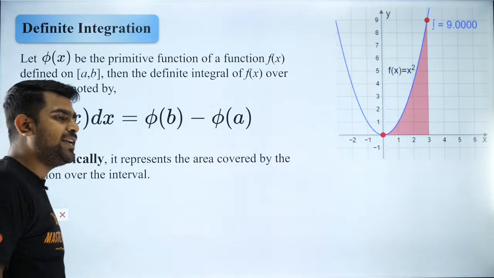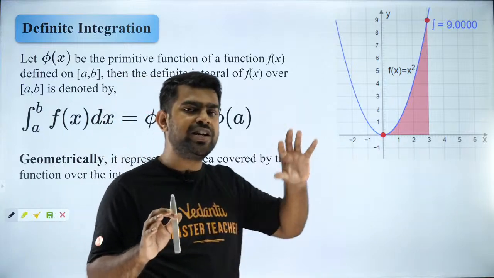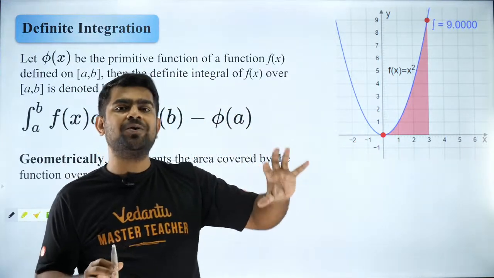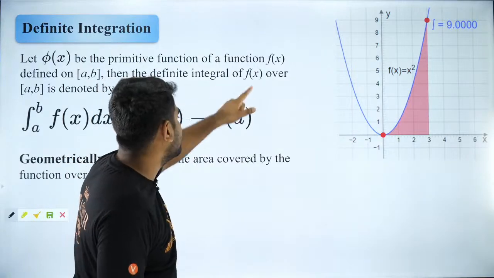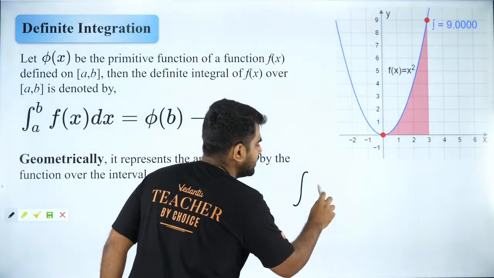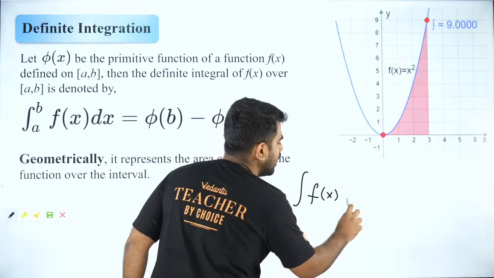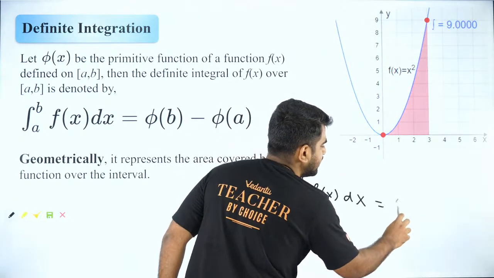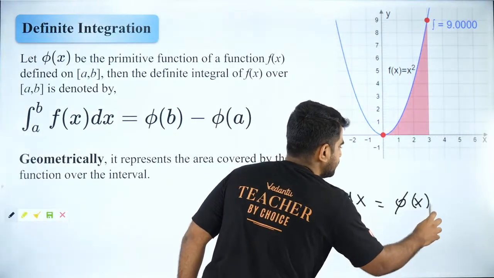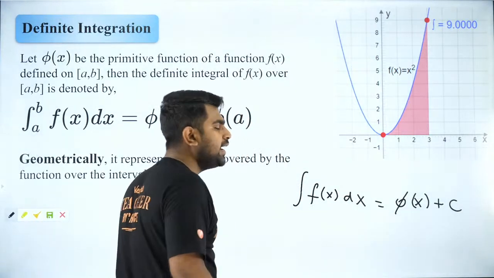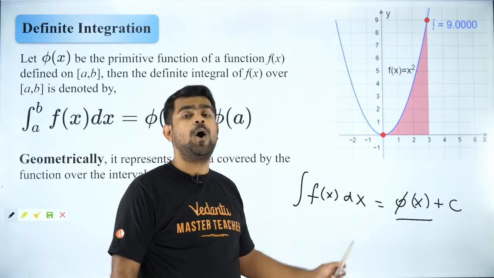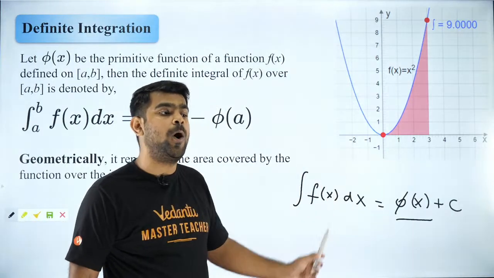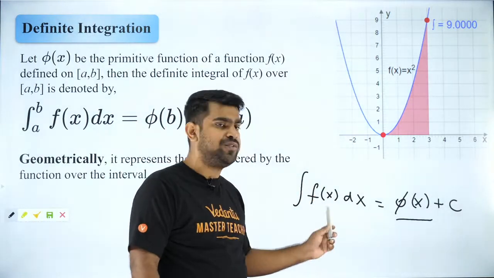So first of all guys, in the last integration class, I spoke about indefinite integration. For example, let us say you have a function f of x and the integral of f of x is phi of x plus c. So here phi of x is called the primitive or antiderivative or integral of f of x.